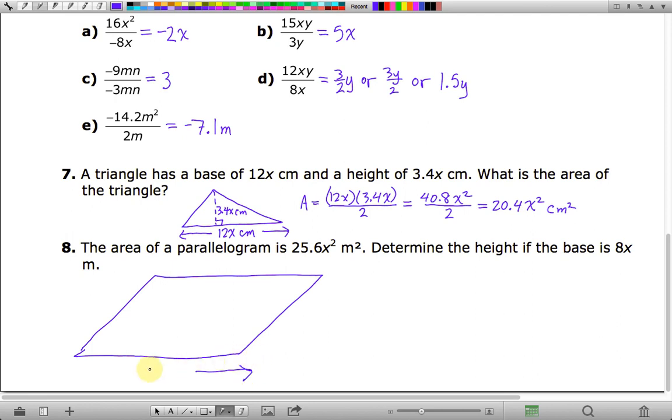So we are told that the base is 8x, and we're told that the area is equal to 25.6 x squared. The length is measured in meters, the area is measured in meters squared. We need to figure out what is the height.